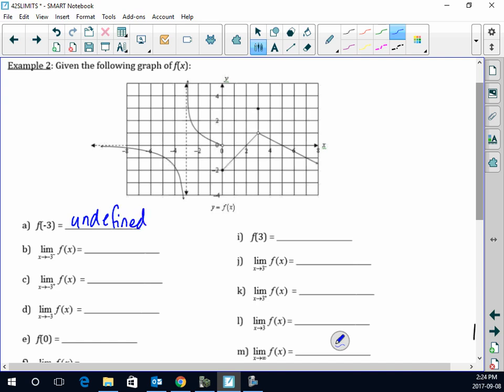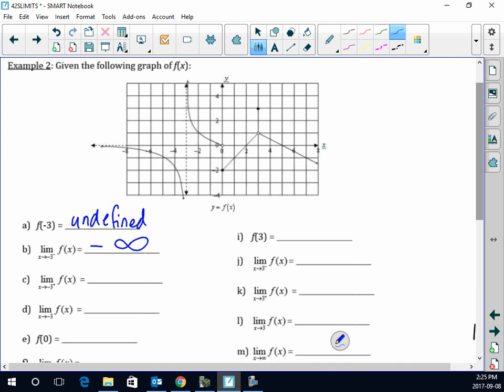Okay, let's go to B. How about the limit as x goes to negative 3, and what's that sign? A minus, so it means it's coming from the left. So we're following the function from the left. Where does it go when it gets to negative 3? Negative what?